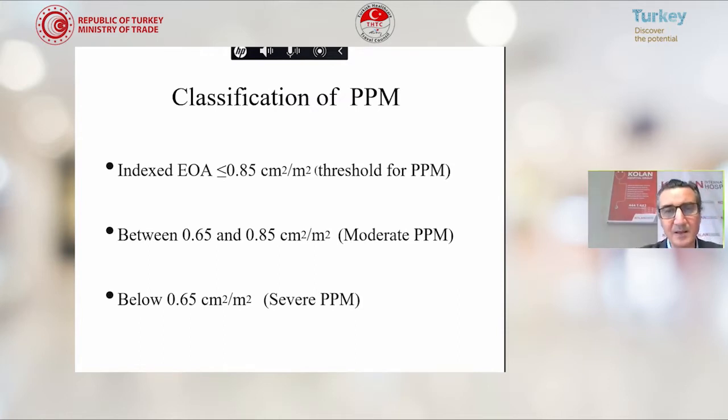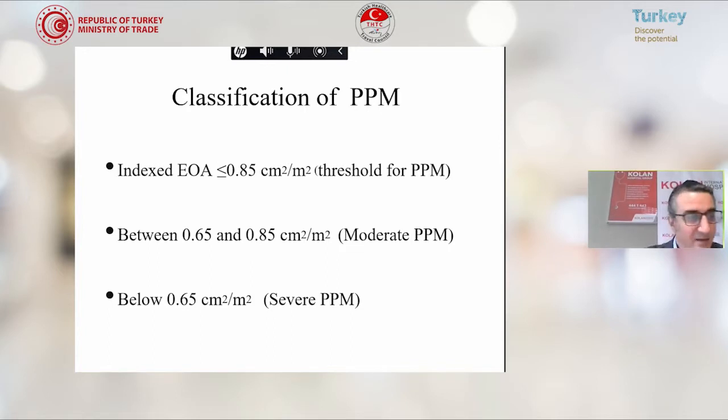How can we classify PPM? An indexed effective orifice area of less than 0.85 is now widely accepted as the threshold for patient-prosthesis mismatch. A value between 0.65 and 0.85 is classified as moderate PPM.